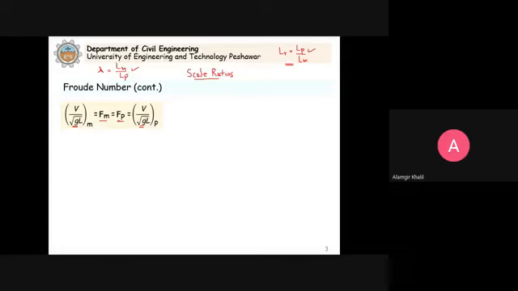Okay. Now the scale ratios that we discuss, we can develop these scale ratios for different dimensionless numbers. We can develop the scale ratio for Reynolds number similarity. We can develop these scale ratios for Froude number similarity. So let us discuss a few scale ratios for Froude number so you can realize how they are developed.